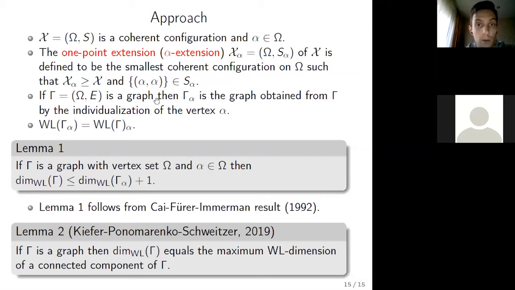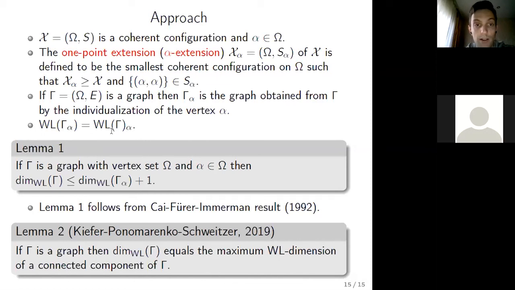Let gamma alpha be the graph obtained from gamma by the individualization of the vertex alpha. So now we are in the category of color graphs. Then one can check that the Weyl closure of gamma alpha is equal to the alpha extension of the Weyl closure of gamma.